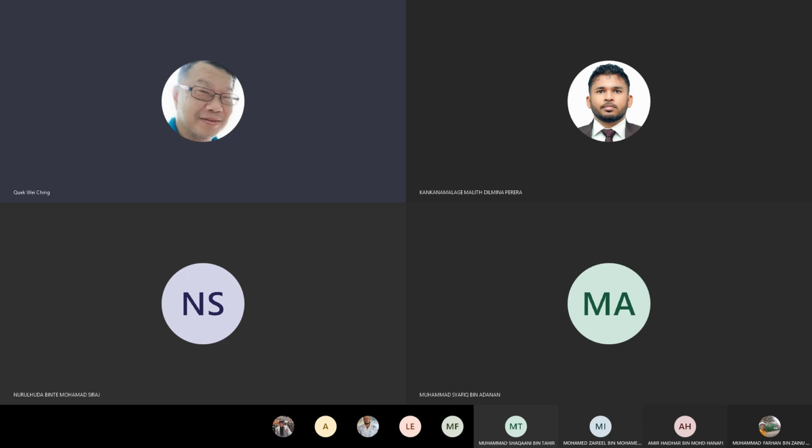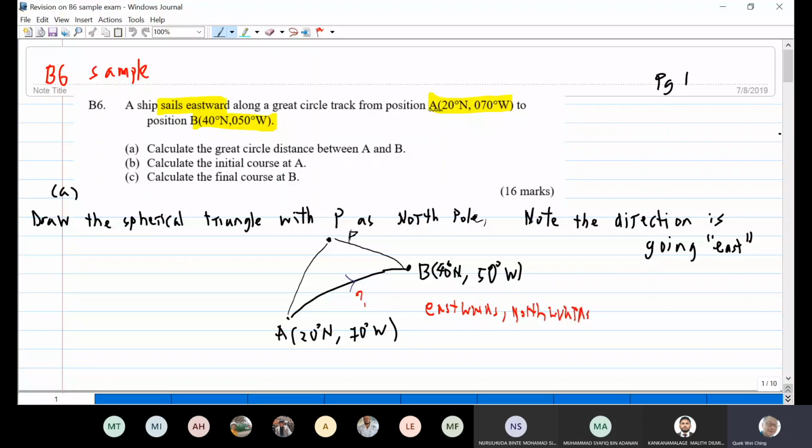This one I will try not to write out for you because I have worked out the solution very nicely. This is the original B6 in the practice exam.